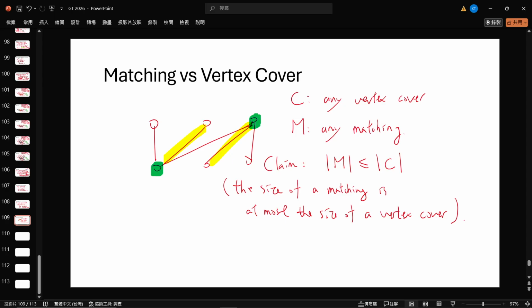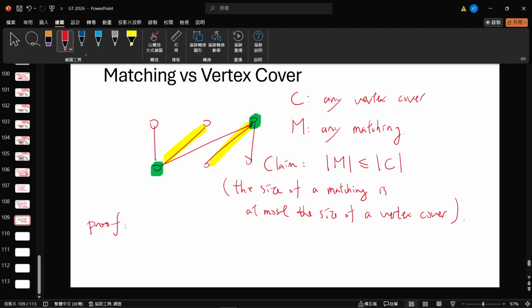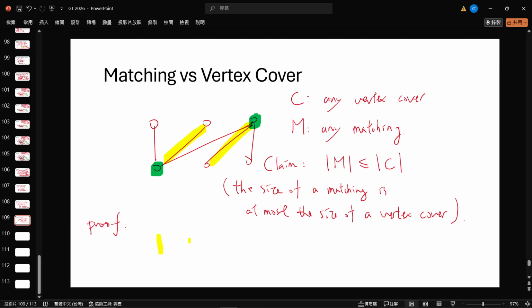Suppose this is your matching, and it has 5 edges.